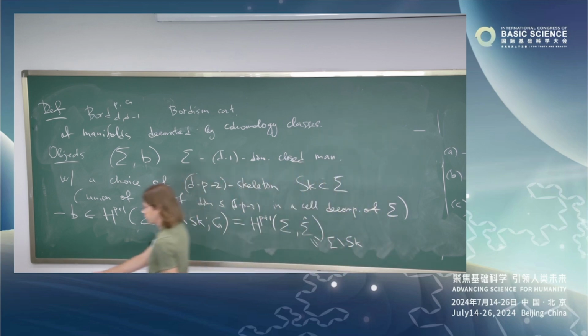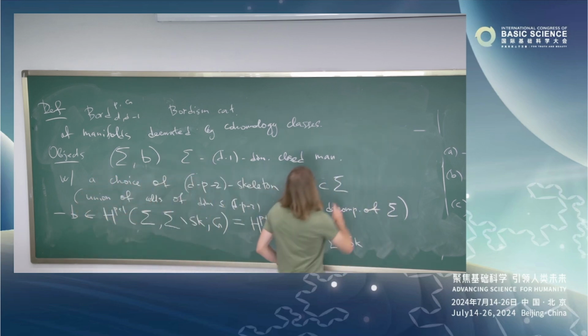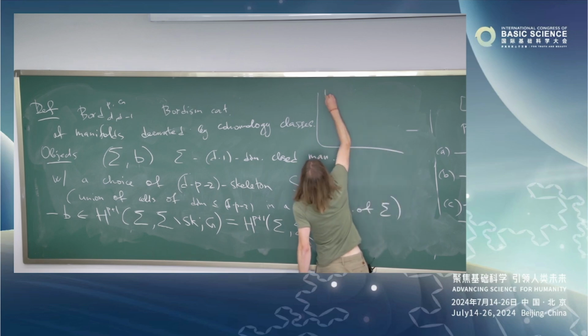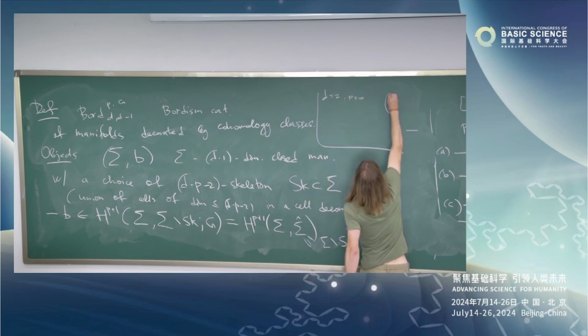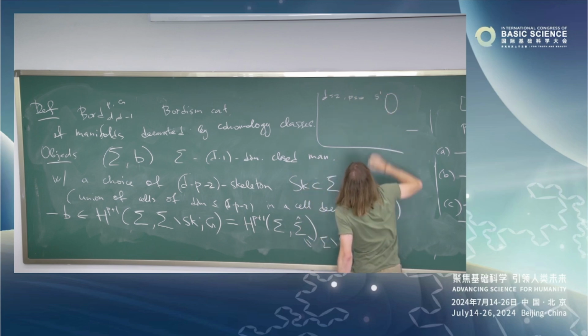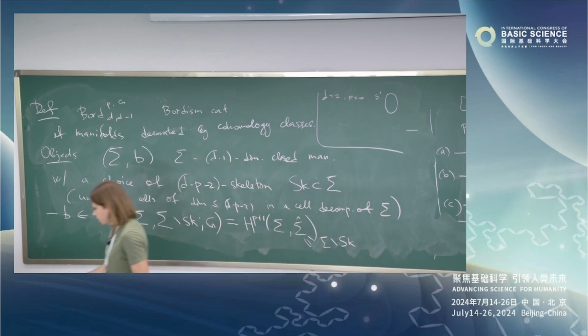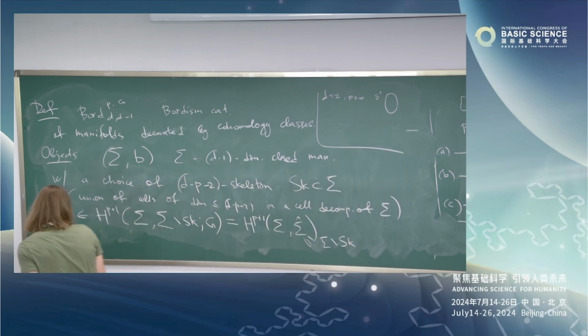Maybe let's have some low-dimensional examples one can keep in mind. Following, so let's say d equals 2. Sigma can be something like S1, and one can always choose a cell decomposition with the skeleton.